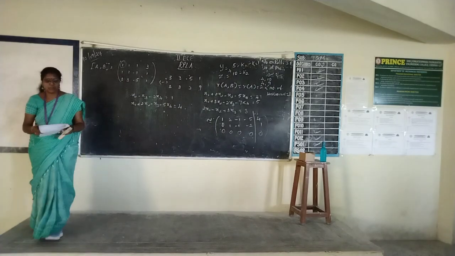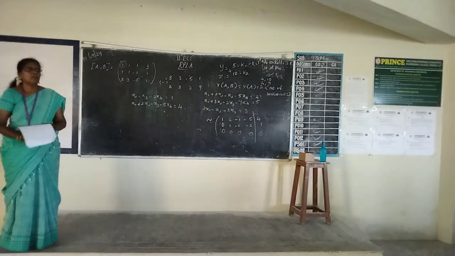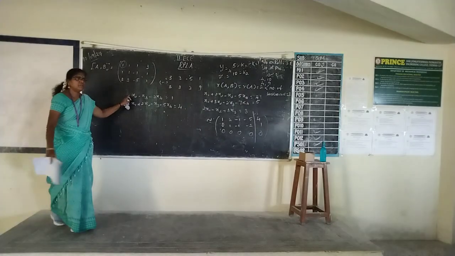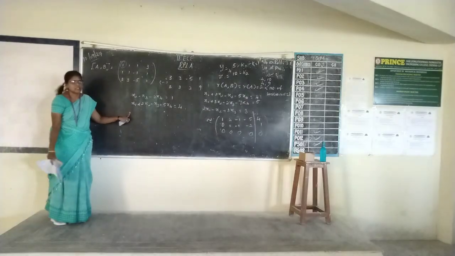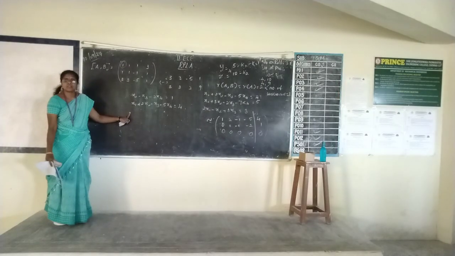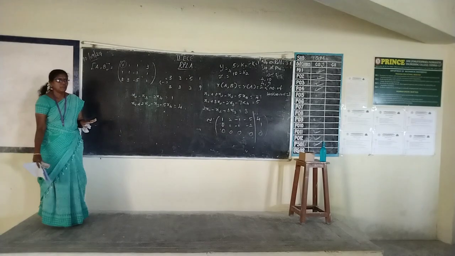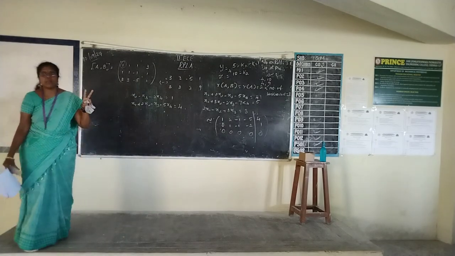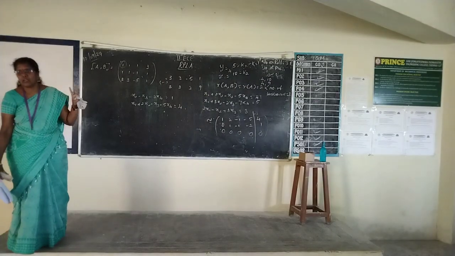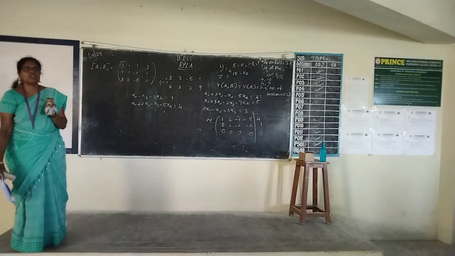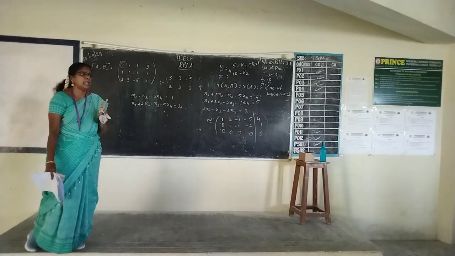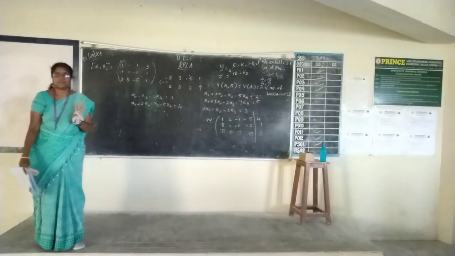How can you solve this one, ma'am? How many equations do you have? 2 equations. But how many unknowns? 4. So it cannot be solved by any other procedure because you have 2 equations but 4 unknowns. So we are going to assume any 2 variables to be arbitrary constants.